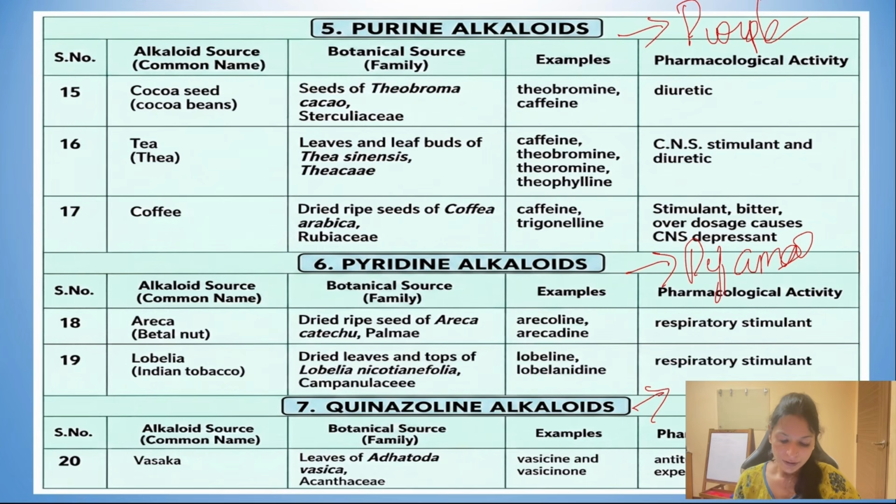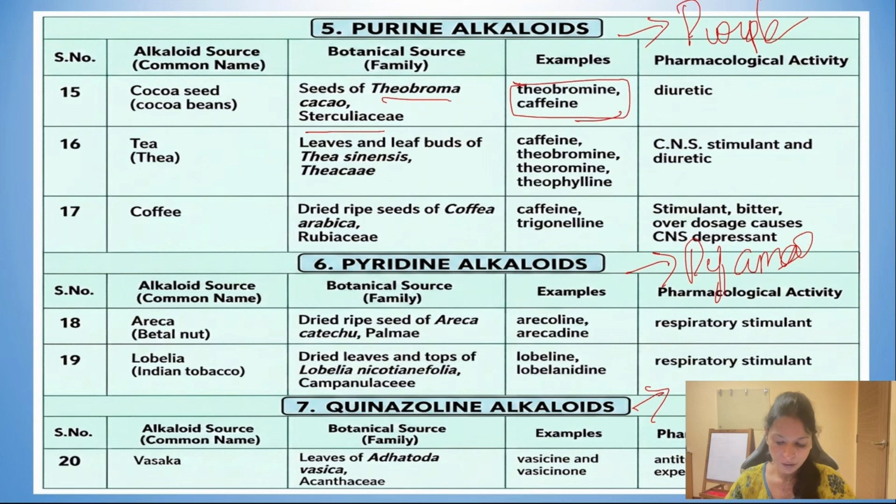Purine alkaloids, as we have already discussed, are examples of our pseudo alkaloids. Tea and coffee, as mentioned earlier, belong with the cocoa seeds, obtained from Sterculiaceae, seeds of Theobroma cacao. The two major examples are theobromine and caffeine, and the main pharmacological activity of all these is that they are diuretics.